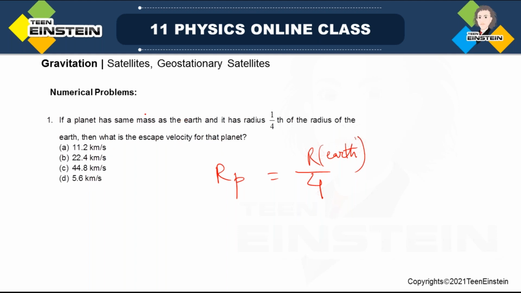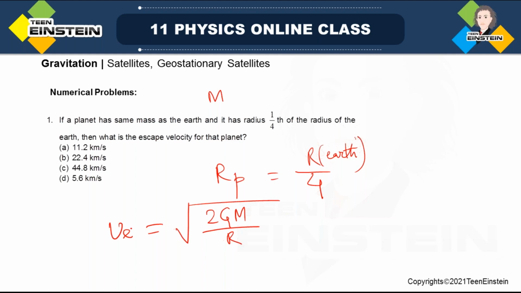So you have a planet that has the same mass, capital M. So we know the expression for the escape velocity. We have to find it out for this planet. Let us write, in general, root 2 GM by R. Okay.